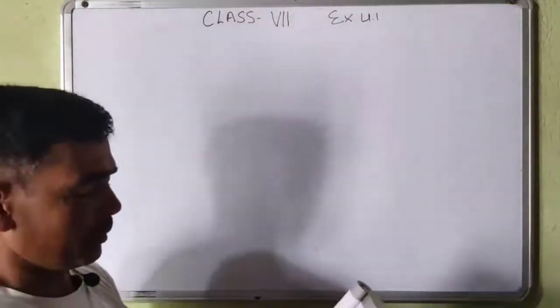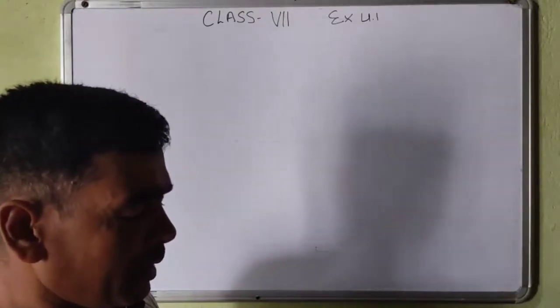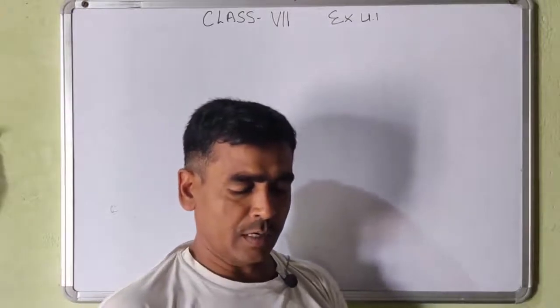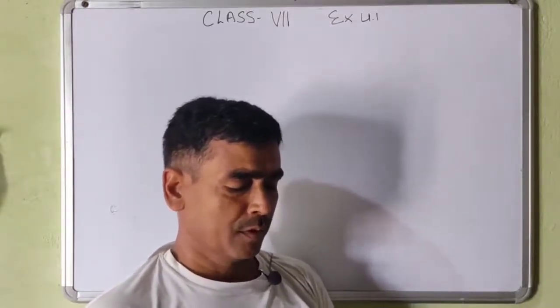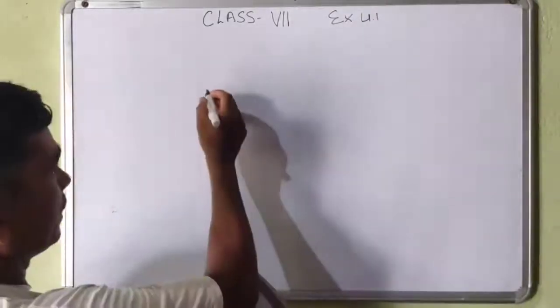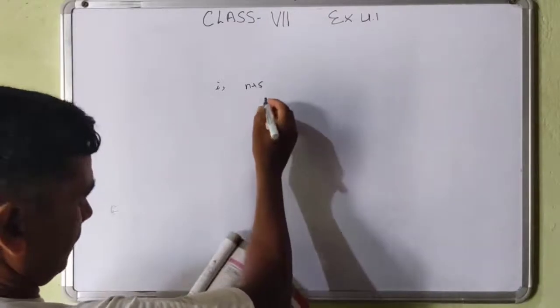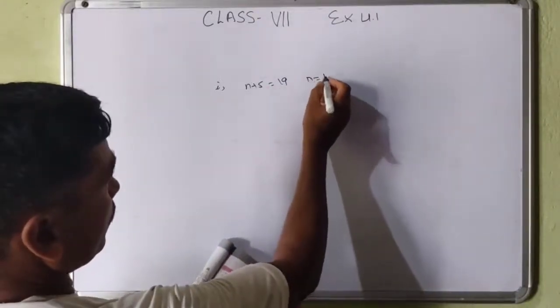Question number 2: check whether the value given in the brackets is a solution to the given equation or not. The same thing as this one. The first part is n plus 5 is equal to 19, and n is equal to 1.